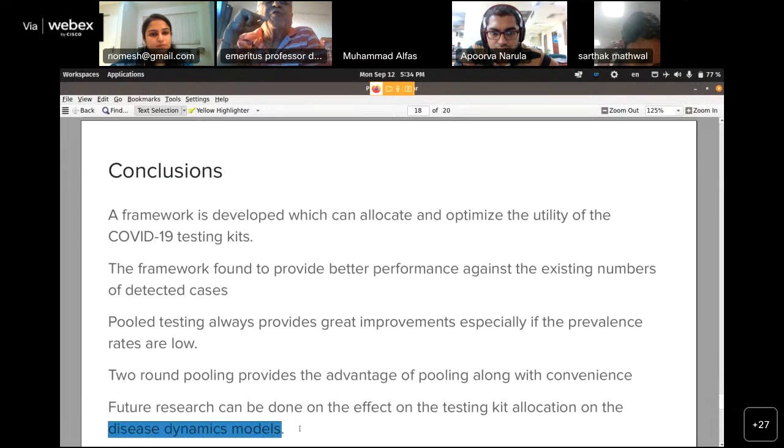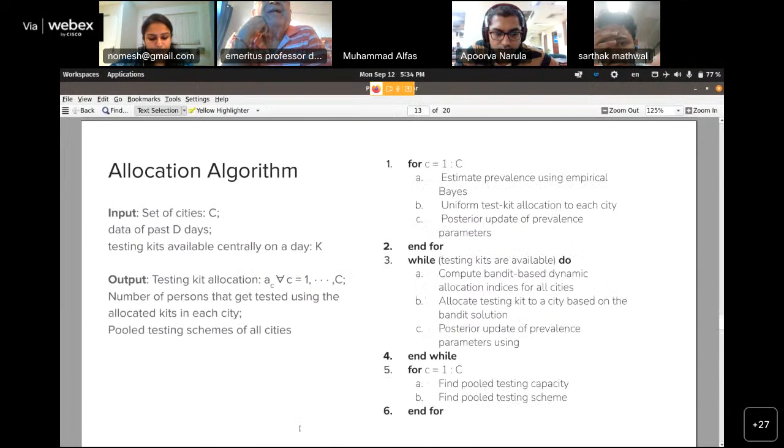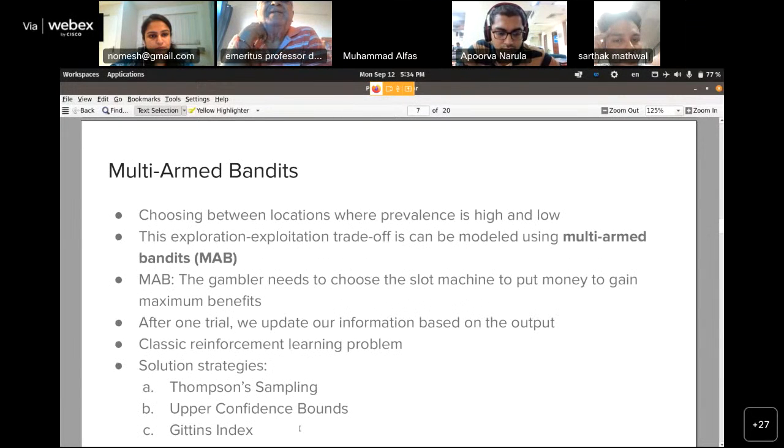Very good. And from where did you get the term bandits coming in? Yes, it's a standard method. Bandit seems to get confused with bandit also. So it's a classic reinforcement learning problem. It's mostly used in the medical field, because in the medical field the data available is very few.